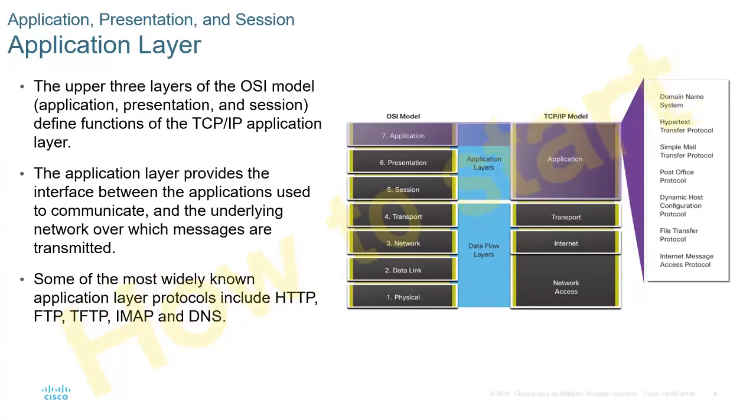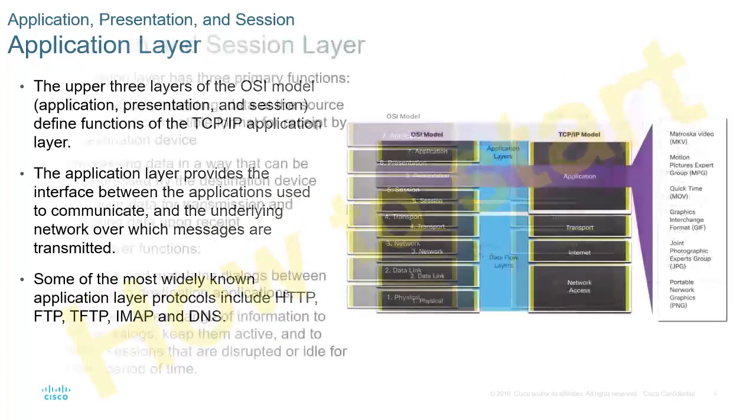When we're looking at the overall application layer, we're looking at protocols like HTTP, FTP, IMAP, and DNS. Those are all happening at the typical layer 7 portion of the OSI. Again, this is what people interact with.